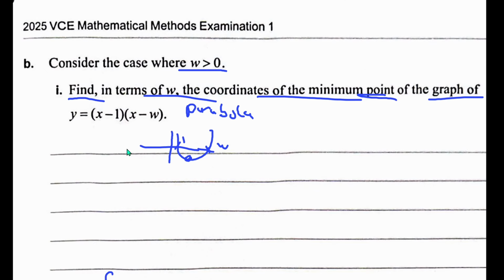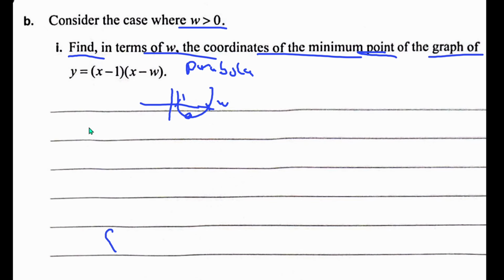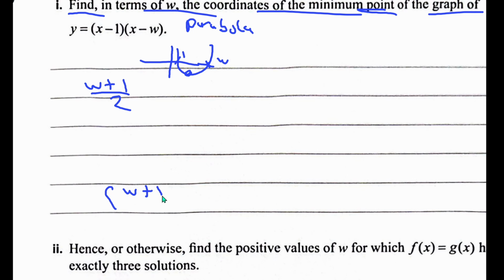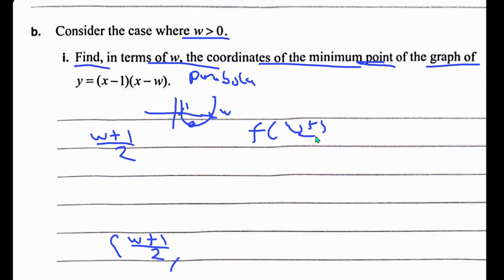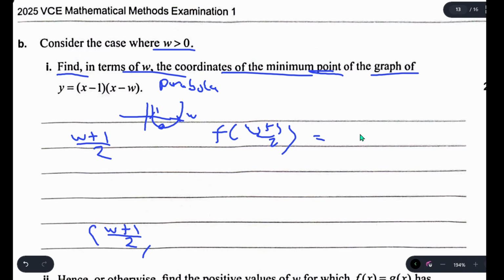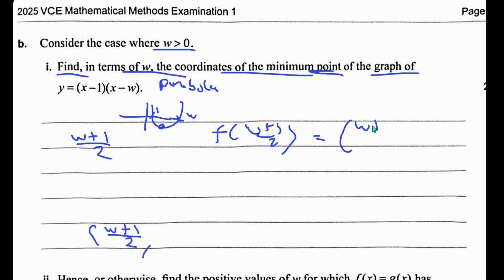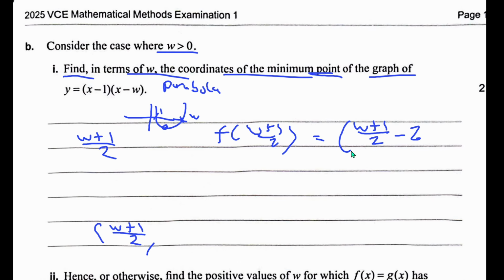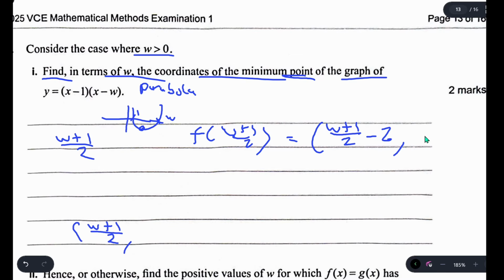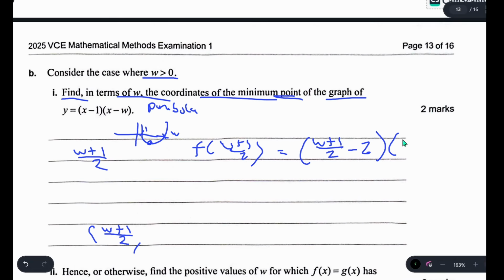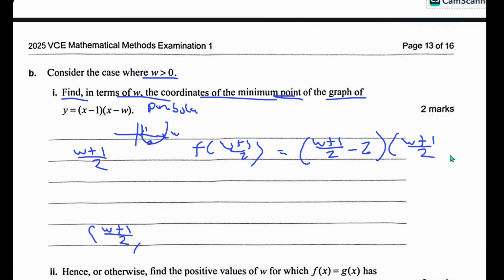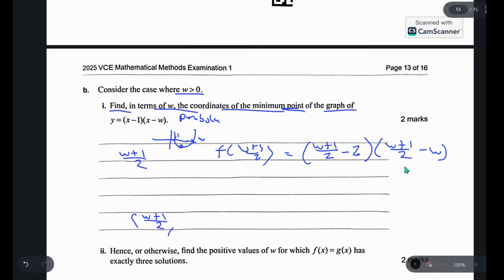It's nice. So the middle of that coordinate is right here. So I'm just going to write (w plus 1) over 2. I say f of (w plus 1) over 2 equals (w plus 1) over 2 minus 1, times (w plus 1) over 2 minus w.